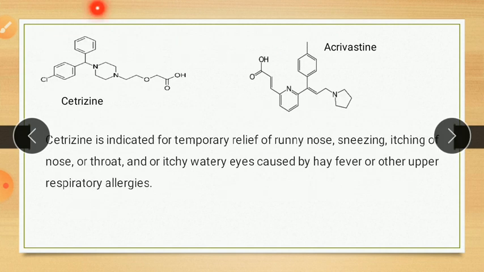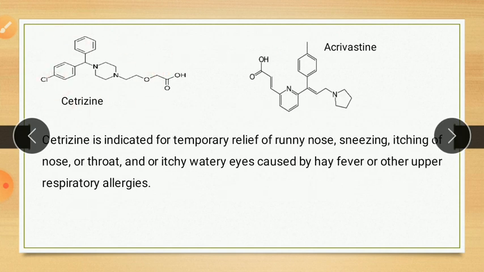Again, cetirizine and acrivastine are second generation. Cetirizine is indicated for temporary relief of runny nose, sneezing, itching of nose or throat, or itchy watery eyes caused by hay fever, which is allergic rhinitis, or other upper respiratory allergies.